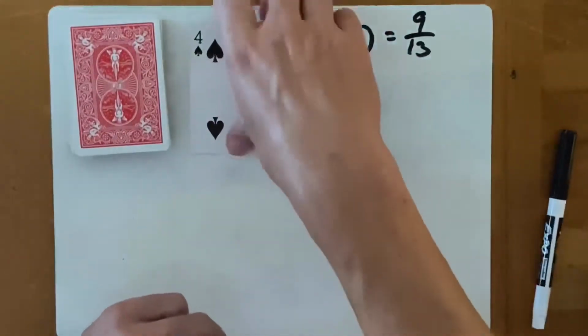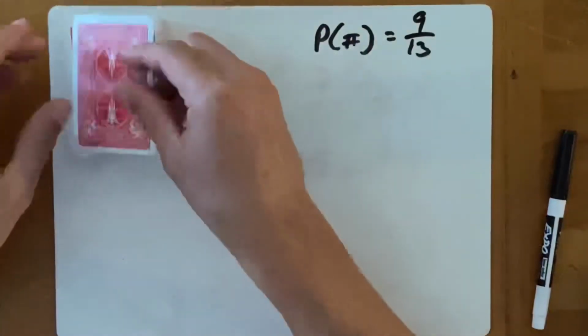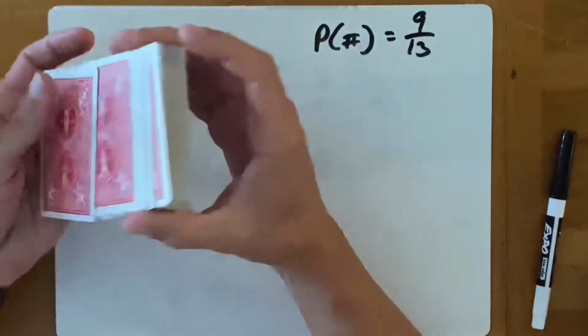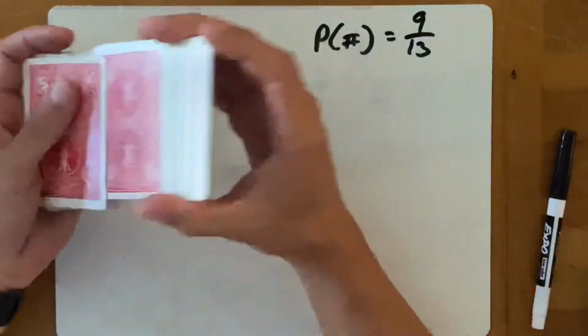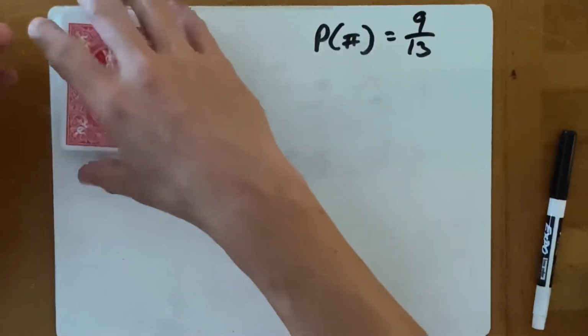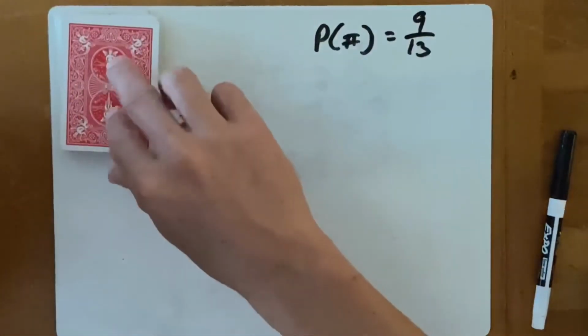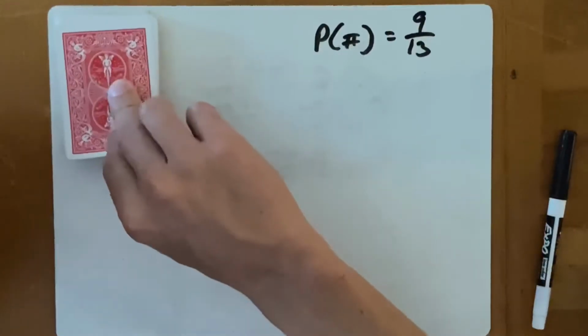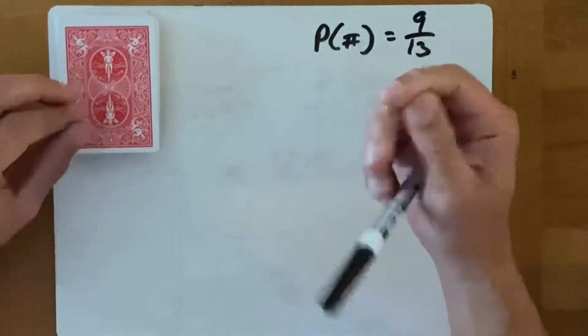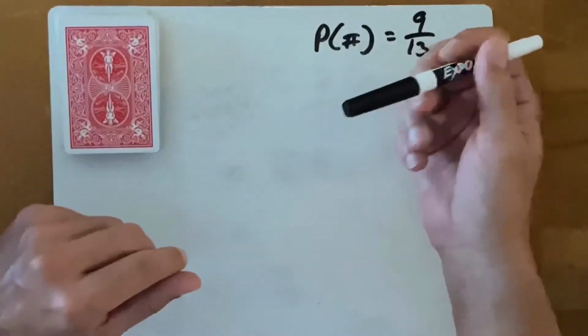So if I take this number card and then I put it back in the deck, and then I shuffle the deck, so I don't know what the next card is going to be, okay? Now, what I want to do is choose a second card. When I choose that second card, is this a dependent event or an independent event?